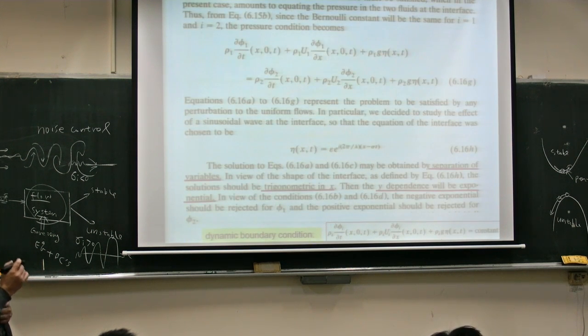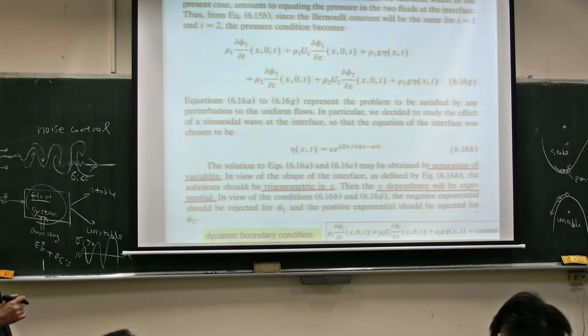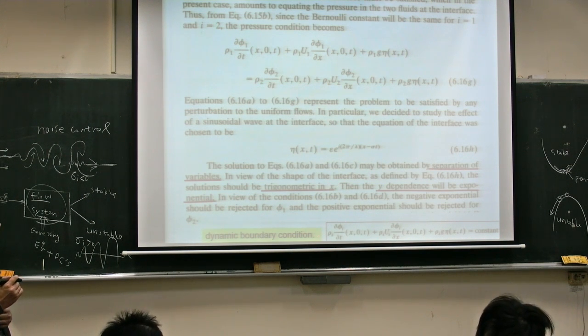And what's the dynamic boundary condition? As I said before, I showed you that our dynamic boundary condition at the interface should reduce to this.